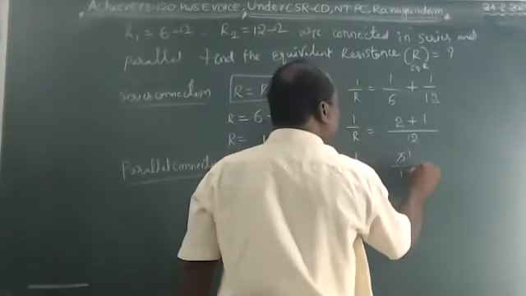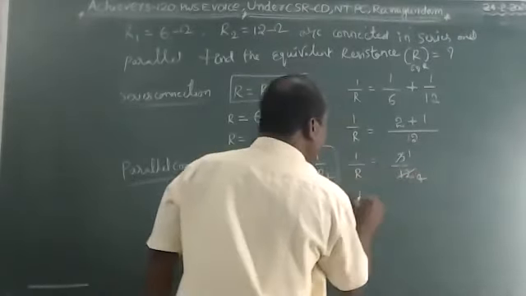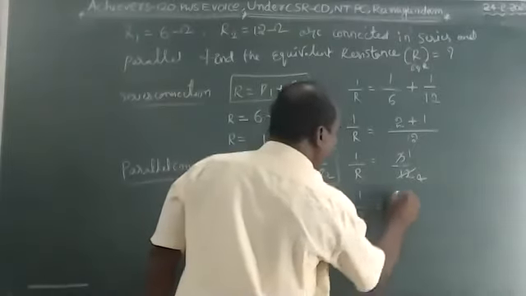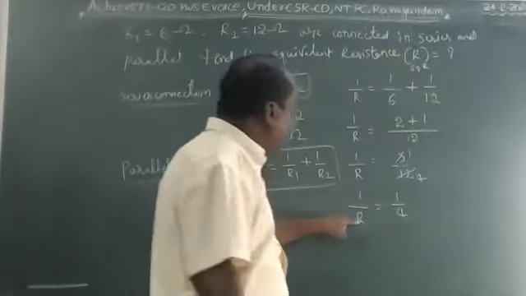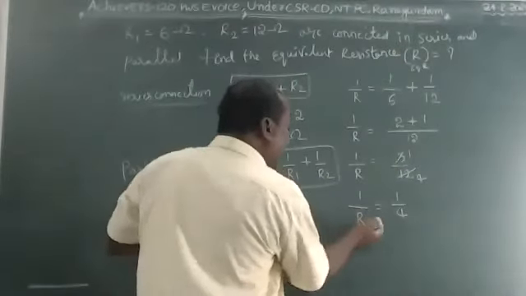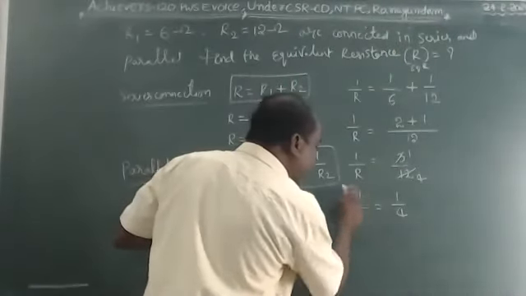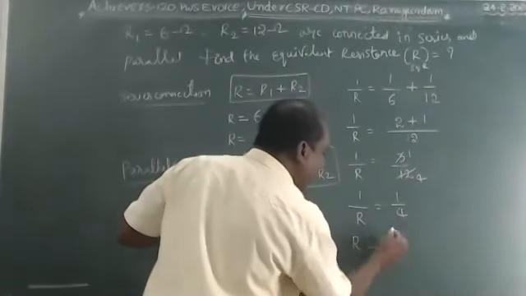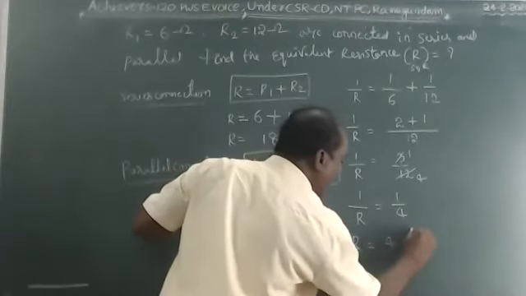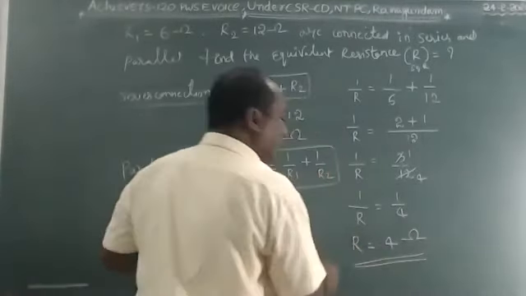Then 3 1s are 3, 3 4s are 12. 1 by R equals 1 by 4. Then we have to find the R value, the equivalent resistance value. If you want to find the R value, take the reciprocal, children. Then R equals 4 ohms. This is the answer.